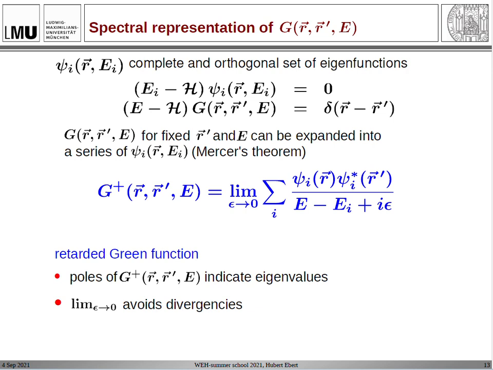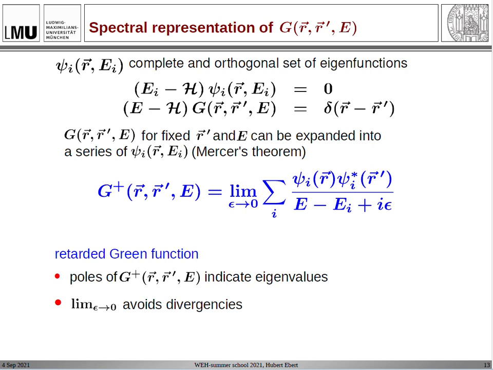Now, there is one subtlety that was already mentioned this morning. We have not simply E minus E eigenvalue, but we have some correction. So it means we add some imaginary part to the energy, if you want, and we look for the limit epsilon going to 0 to avoid divergences here. Probably I has a different meaning here, right? I looking at the denominator. Oh, yes, you're right.